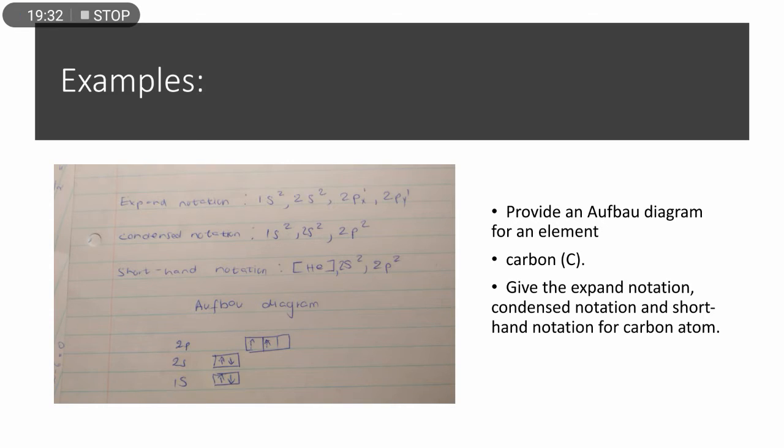But in the condensed notation, it is placed on a general basis to show that these electrons have the same energy, which means they combined the px orbital with the py orbital, then combined it to make 1, which means on the second level, the p orbital is occupied by 2.